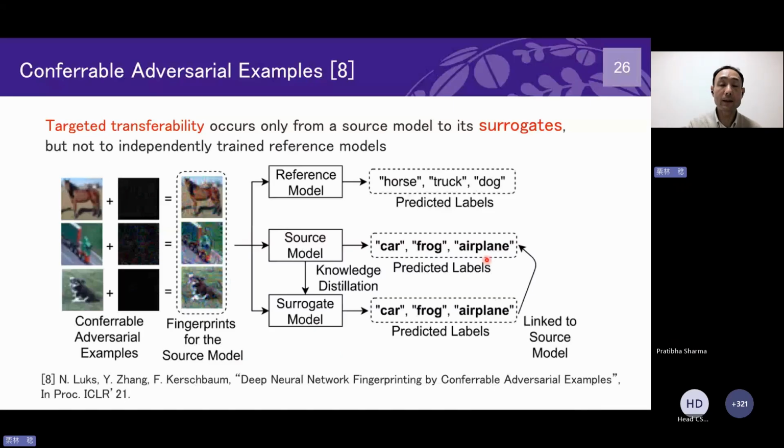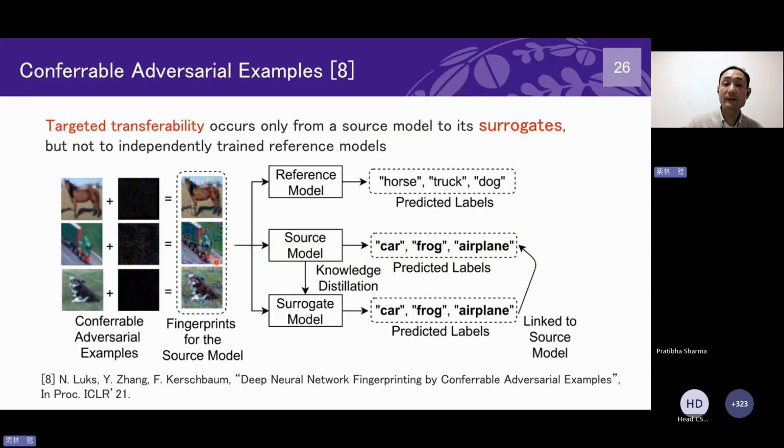And the other approach is transferable adversarial examples. In this case, these are the original image, the adversarial perturbations, and the adversarial example. The source model is the original model, and the surrogate model is a kind of modified model from the original.